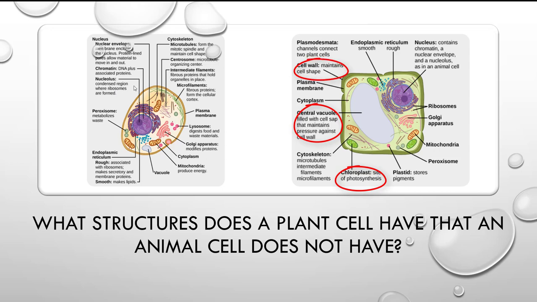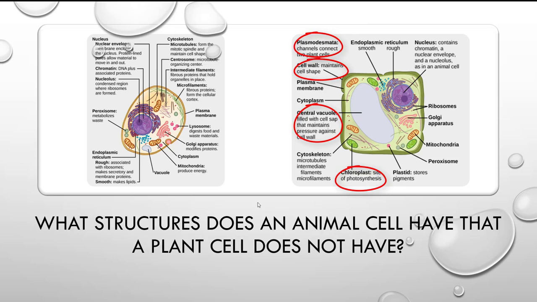So for our cells, the boundary is just the plasma membrane, which plant cells also have, but outside of their plasma membrane or cell membrane, they also have a cell wall. And because they have a cell wall, they also have something called plasmodesmata, which are little channels that connect two plant cells to each other. So plants have the chloroplasts, they have central vacuoles, they have cell walls, and they have plasmodesmata, which animal cells do not.